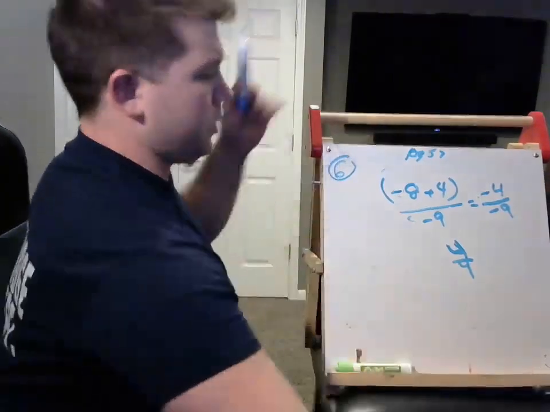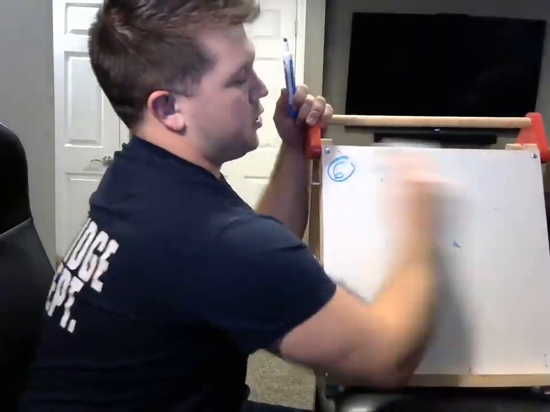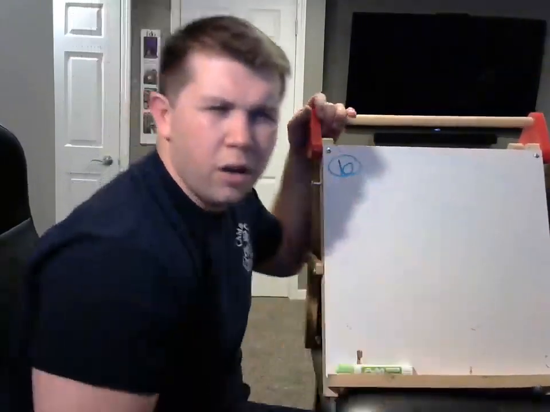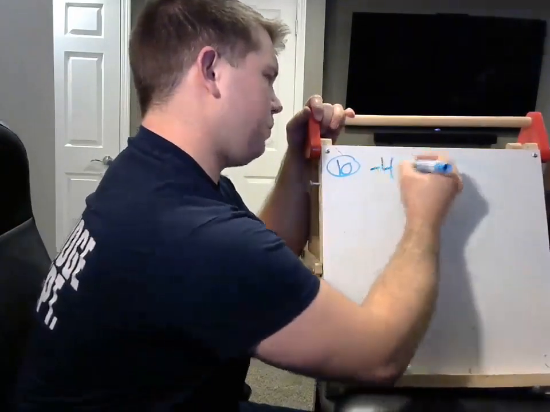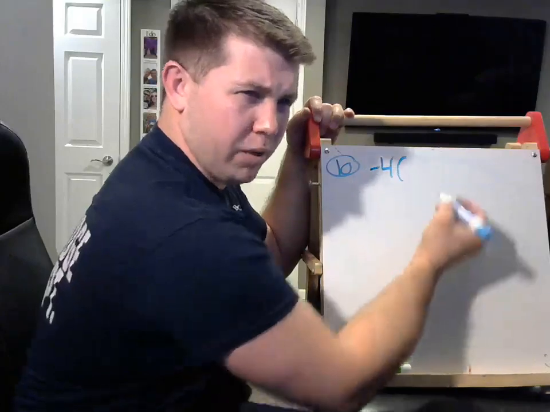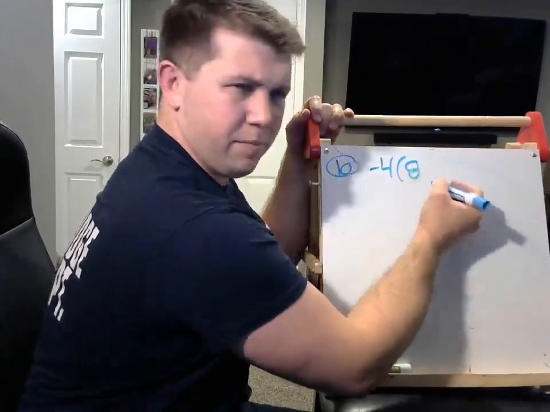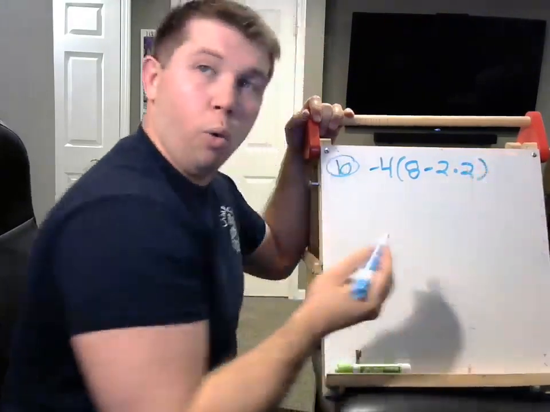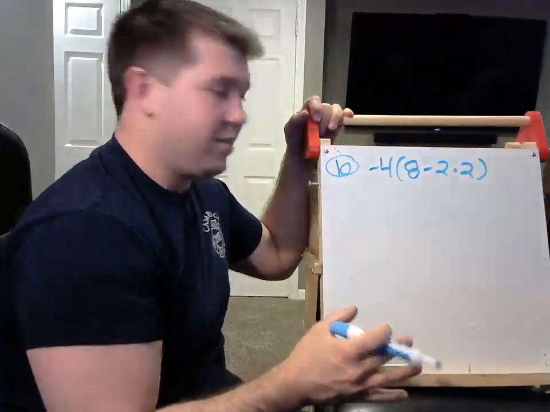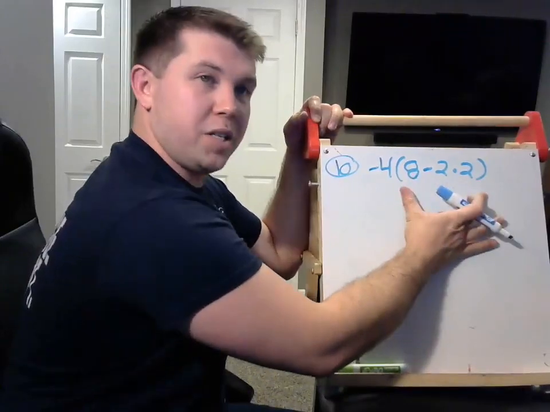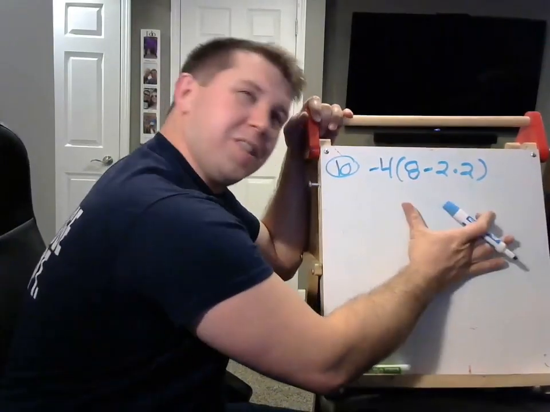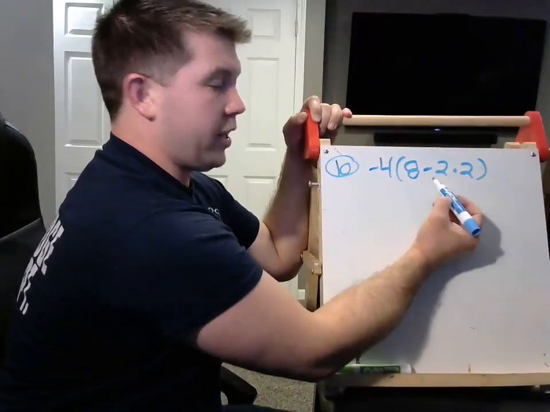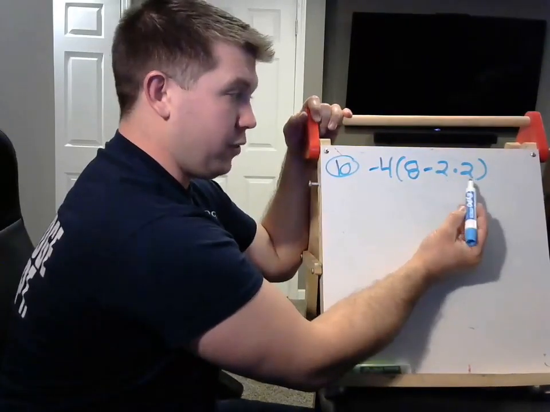So number 10. Okay, number 10. We can do that. I got time. Okay. All right, so I've got a -4, and there's a lot going on in these parentheses. Okay, I've got an 8 minus a 2 times 2. Now, order of operations tells us that we have to do what's in the parentheses first. But even inside the parentheses, there's still an order we have to do things in. I still have to multiply before I can subtract. And this is where a lot of people get confused.